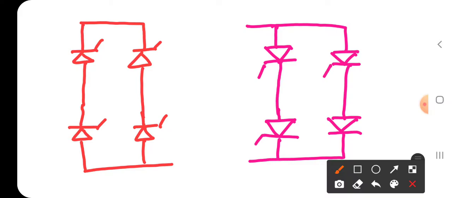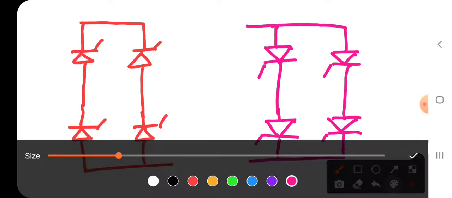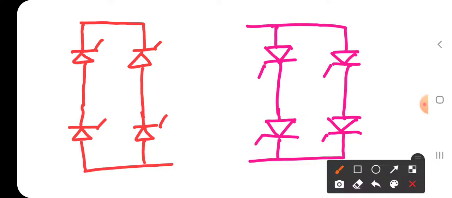This is one more converter, and these two converters are connected across the DC motor through the circulating current limiting inductors, which will be like this.